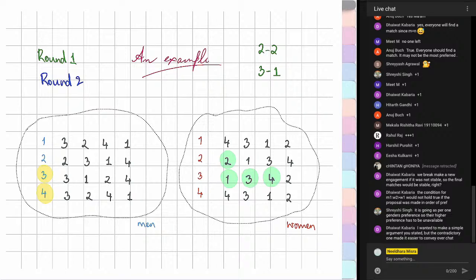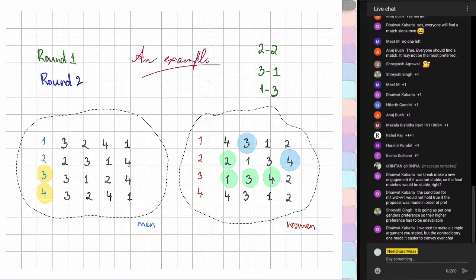So 3 proposes to 1, so 1 gets a proposal from 3, and 2 gets a proposal from 4. Of course, 2 is going to reject this proposal because 4 is her worst choice and she already is matched to her best choice. So it would be silly of her to even consider it. So 4 gets rejected. But 1 gets a proposal from 3, and 1 is not even engaged right now. 1 is single. So 1 is going to get engaged with 3.